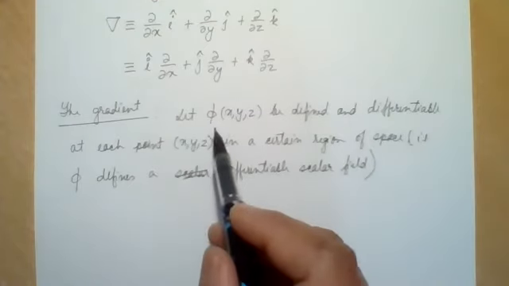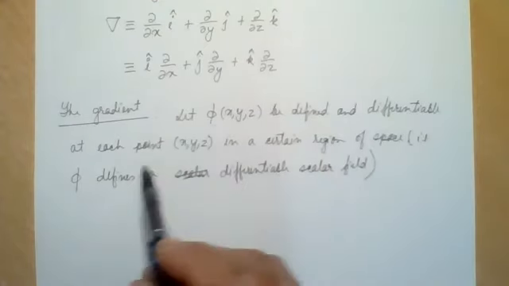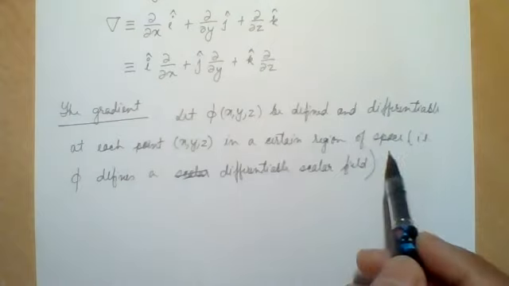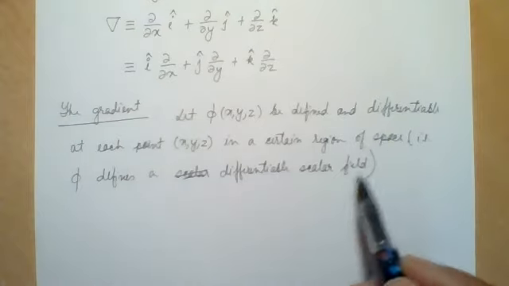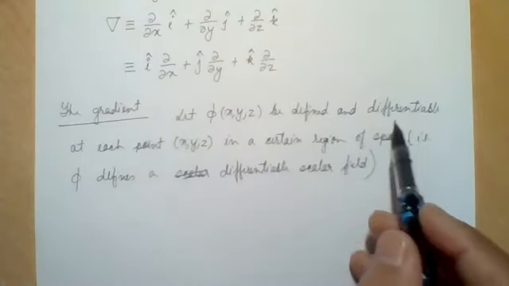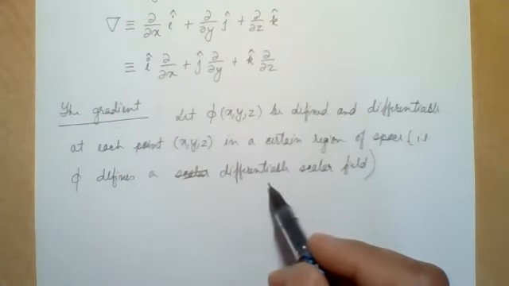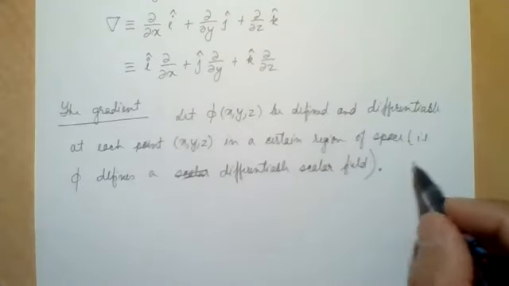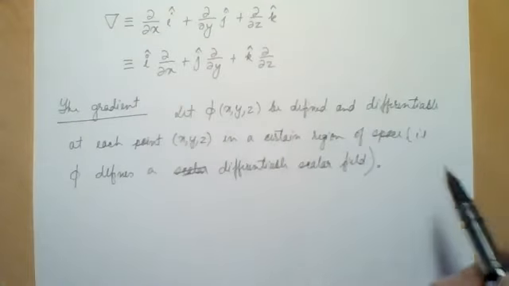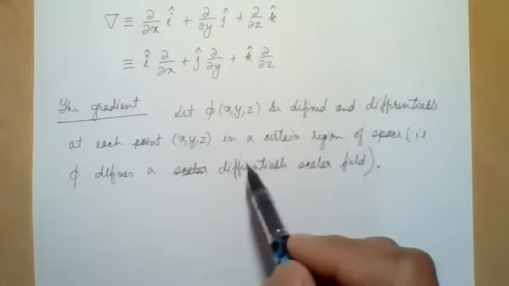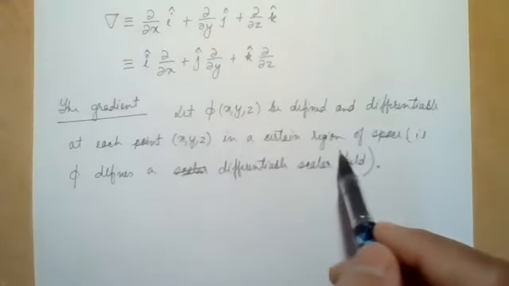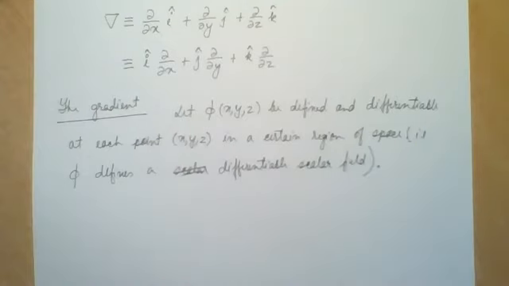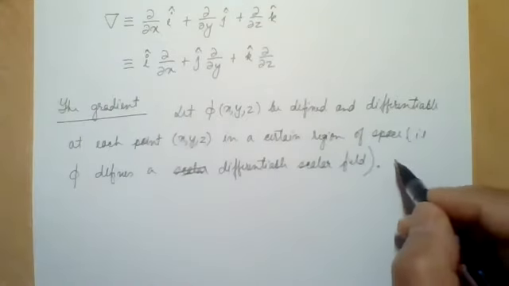Scalar field means this phi is defined at each point in a certain region of space. Such quantities are called scalar fields, and since phi is differentiable, we call it a differentiable scalar field. So phi is a scalar function which is defined in a certain region of space.